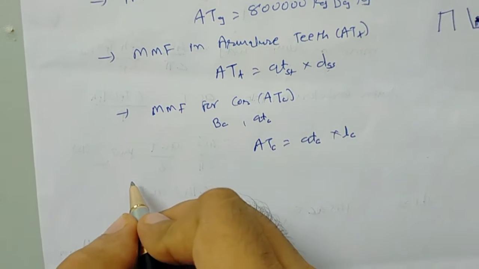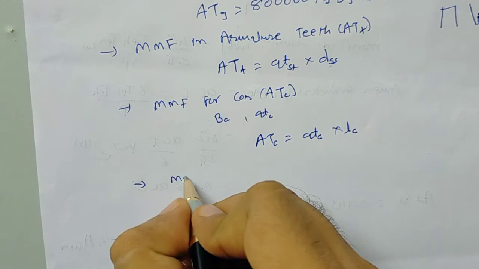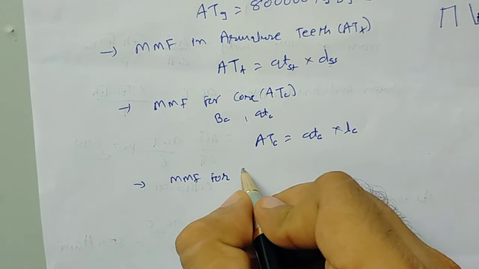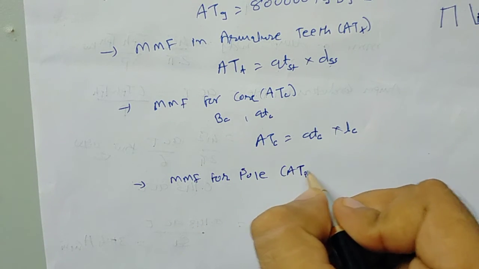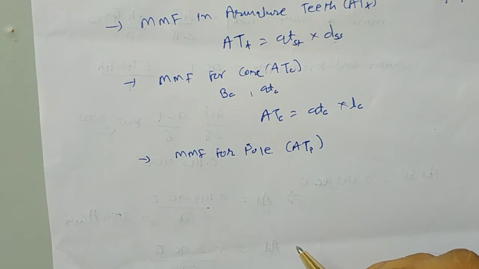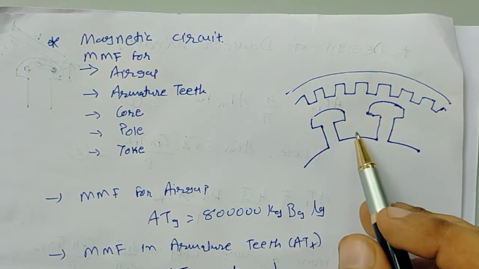Then next is the MMF for the pole, ATp. The flux in the pole is equal to the useful flux which crosses the air gap and enters the armature plus leakage flux. Actually the flux in the pole is not uniform throughout the radial length, as already shown in this figure.